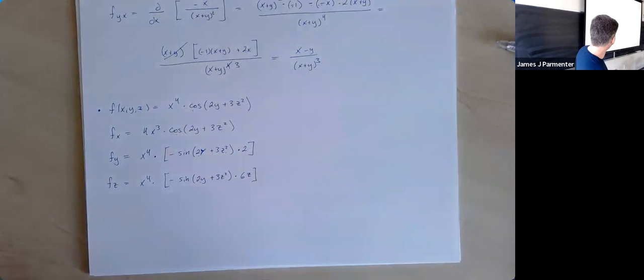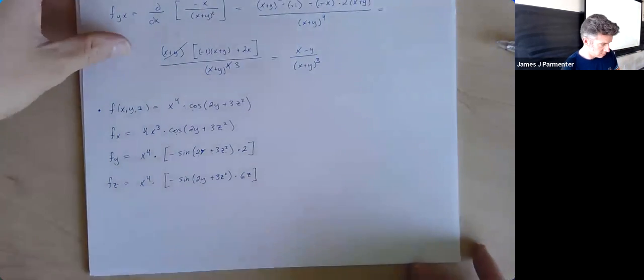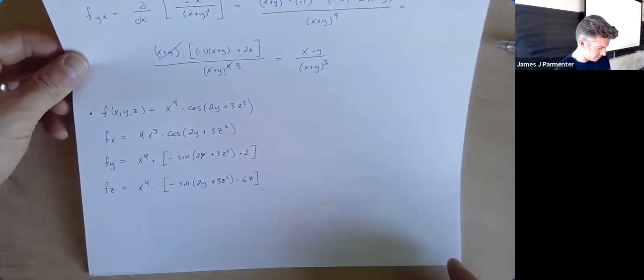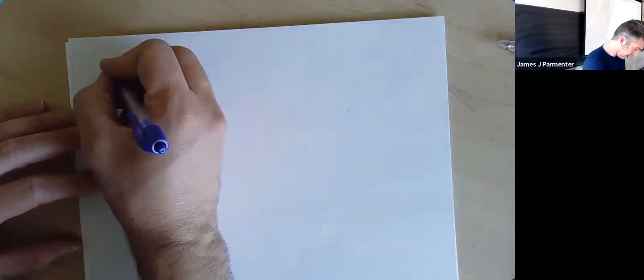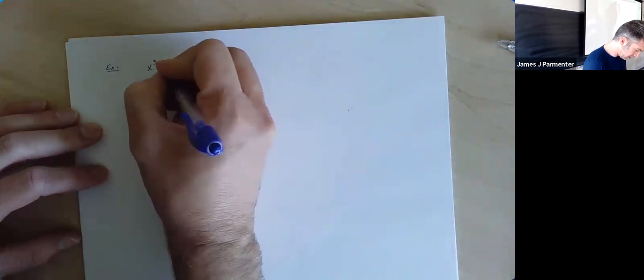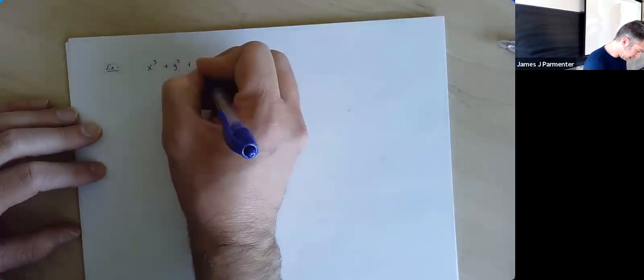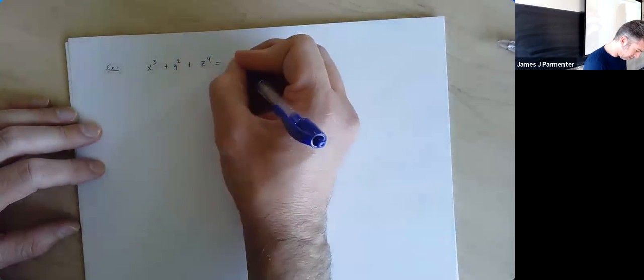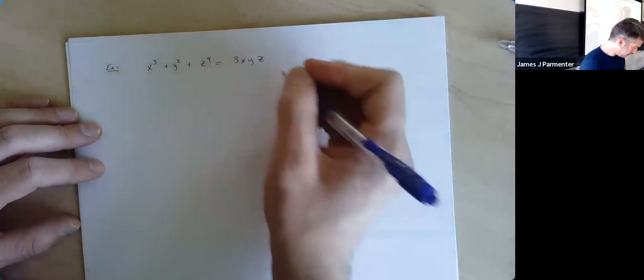The other thing that we talk about here is also implicit differentiation. So let's say we had something like x cubed plus y squared plus z to the fourth equal to 3xyz.